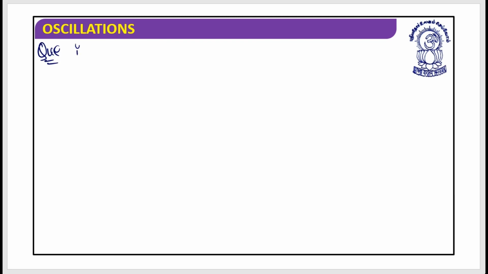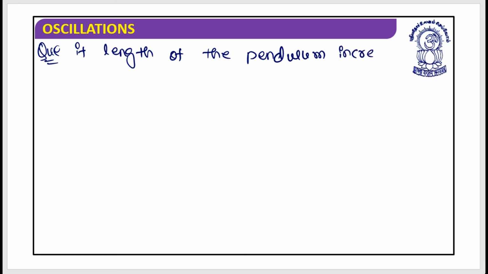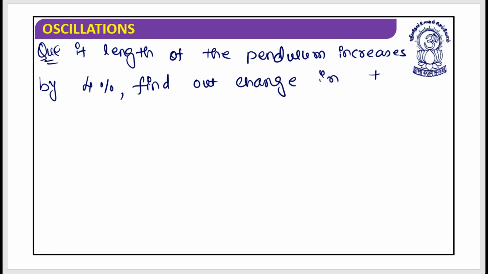They said that if the length of the pendulum increases by 4 percent, find out the change in the time period of the pendulum.